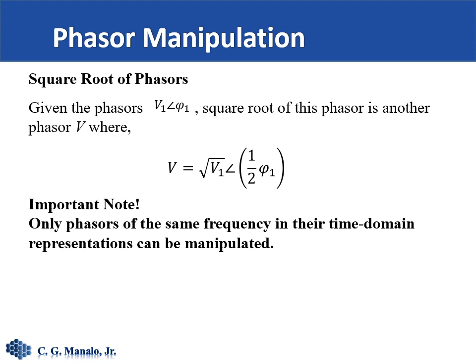We could also get the square root of a phasor, and the magnitude of that would be the square root of the magnitude of the phasor, and the angle would be half of the angle of the phasor.